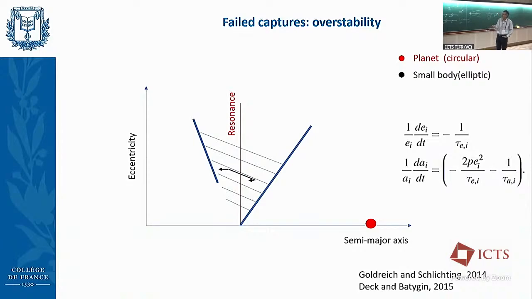The damping of the semi-major axis on this side of the libration tends to shrink the libration, and on this side tends to enhance it. Because this is larger than here, the sum of the two forces is that the libration amplitude increases until the body escapes from the separatrices, which is what we have seen before.